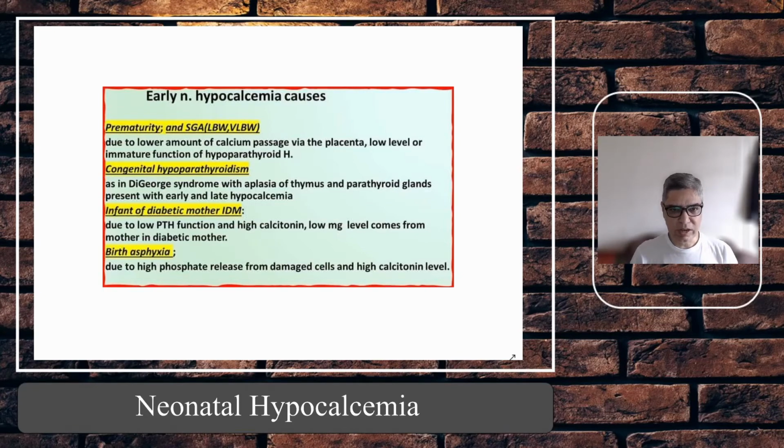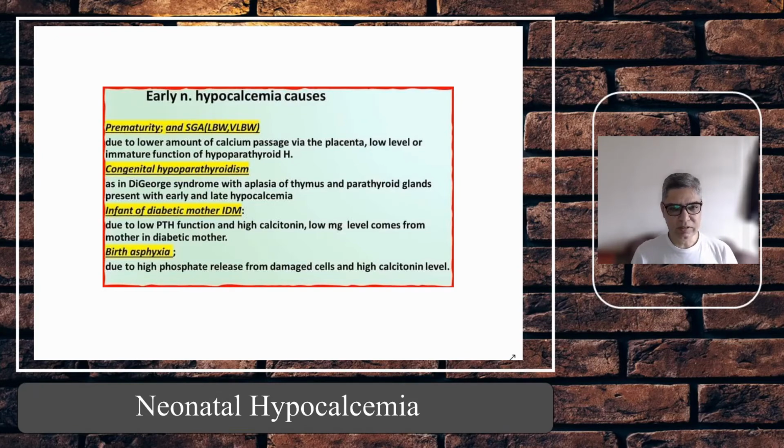It is known as DiGeorge syndrome. In DiGeorge syndrome, the problem is in the development of the third and fourth branchial arches, and there would be aplasia or absence of the thymus, and consequently problems in immunity as well, and also absence of the parathyroid glands, which can manifest as early as well as late onset hypocalcemia.